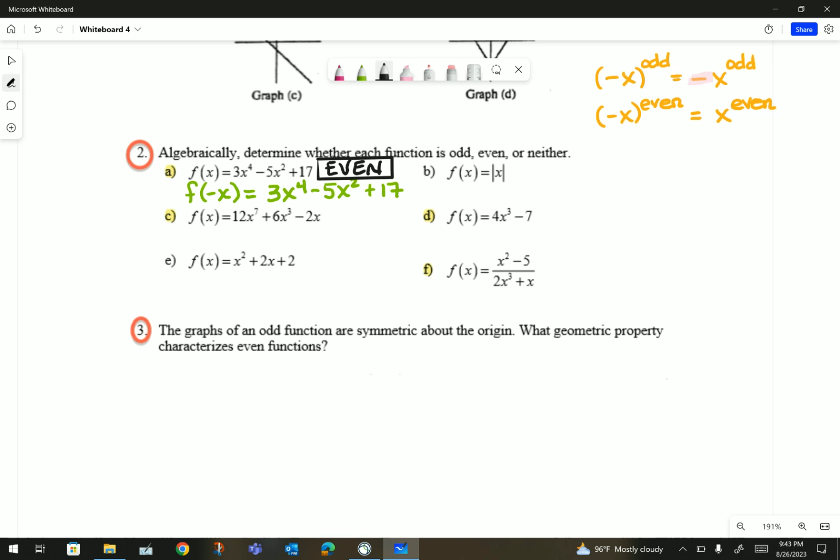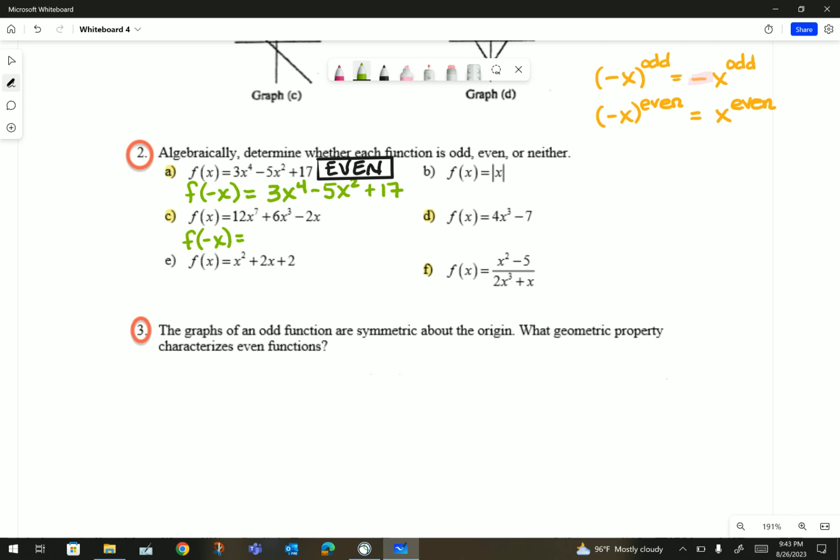Now, what does an odd function look like? Maybe looking at part C will help us understand even a little bit more. So let's do part C. Let's go find f of negative x. The first term was 12x to the 7th power. That's odd.